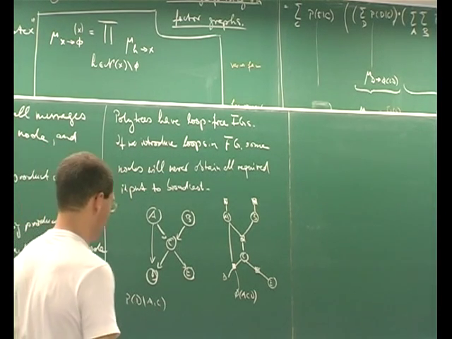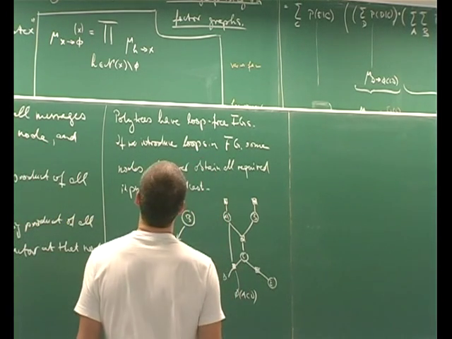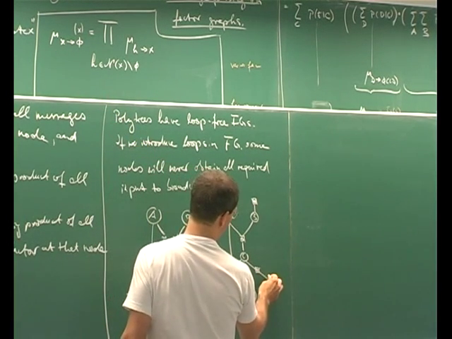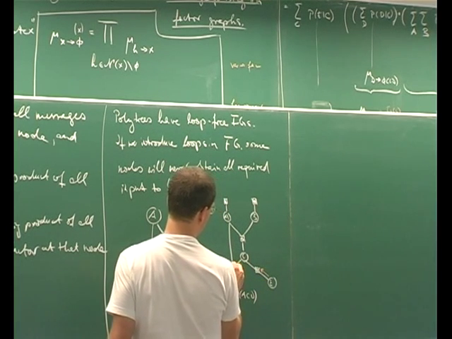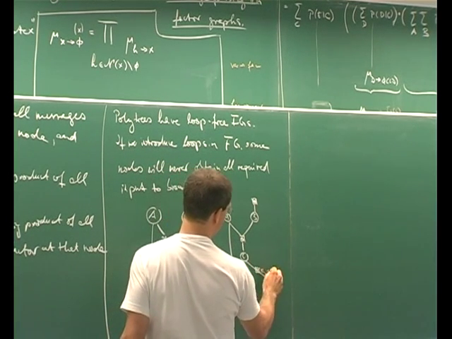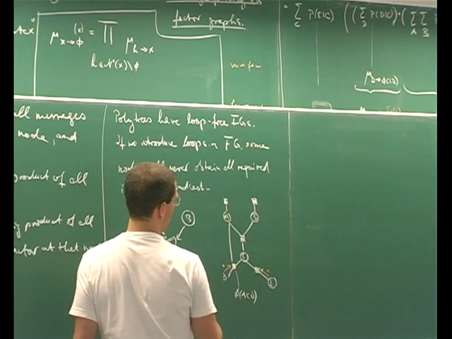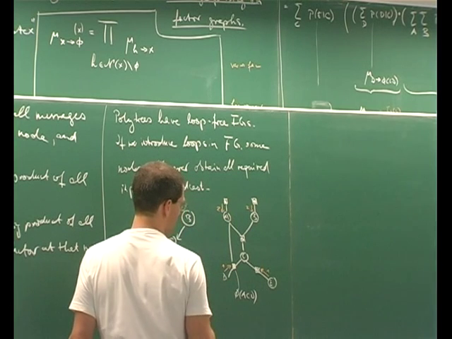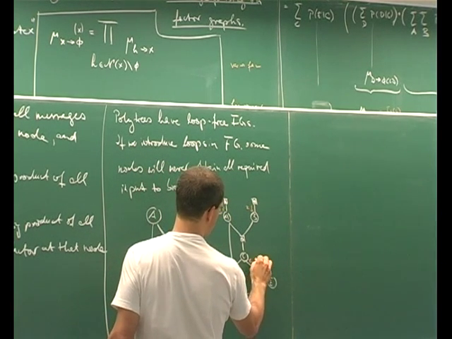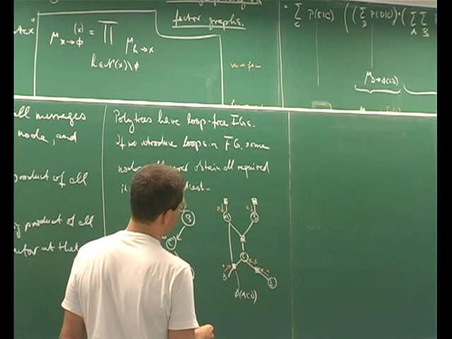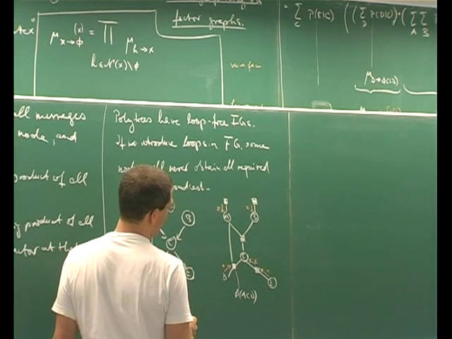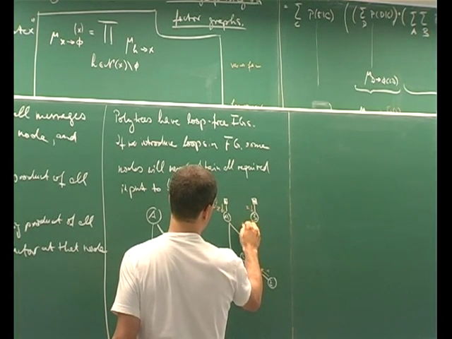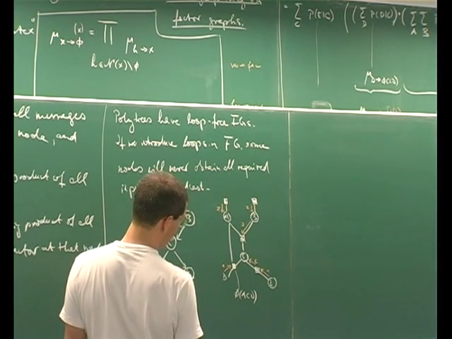And let's now start with our message passing. So for instance, let's start at the variable. This variable can emit, and that variable can emit at stage 1. Next, we have factors emitting, so that would be at stage 2. And now we want to have variables emitting, so this would be stage 3.